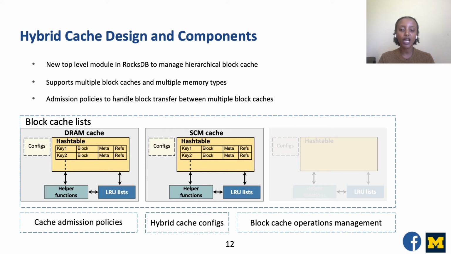We then have cache admission policies that define where to look up data first, how to insert data, and how to evict data. And finally, we have operation management that redirects DB operations to different caches based on cache admission policies.